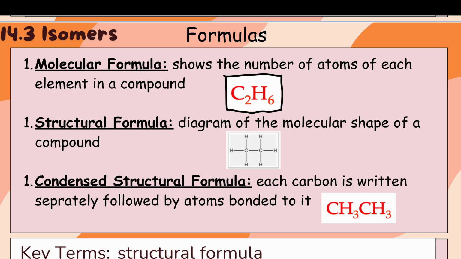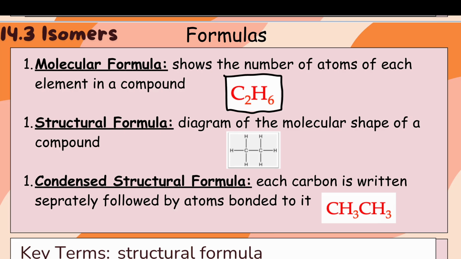The structural formula is going to be more like a diagram of what the shape of the compound actually is, and it shows what atoms are bonded to what and things like that. And then lastly, we also can have the condensed structural formula, where each carbon is written separately followed by atoms bonded to it.